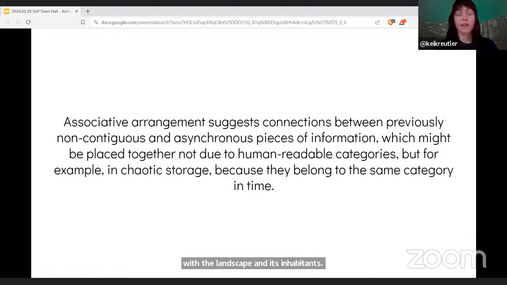Here, this concept of associative arrangement suggests connections between previously non-contiguous, so not next to each other, and asynchronous, so not at the same time, pieces of information, which might be placed together not due to human-readable categories, but, for example, in chaotic storage, because they belong to the same category in time.